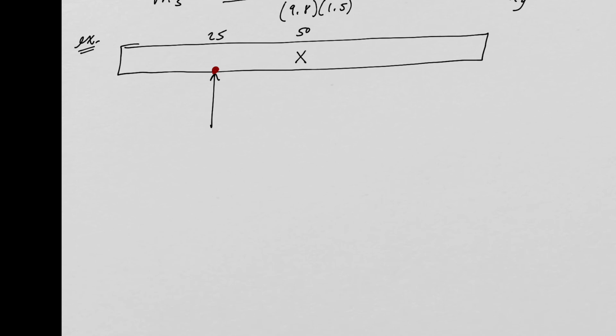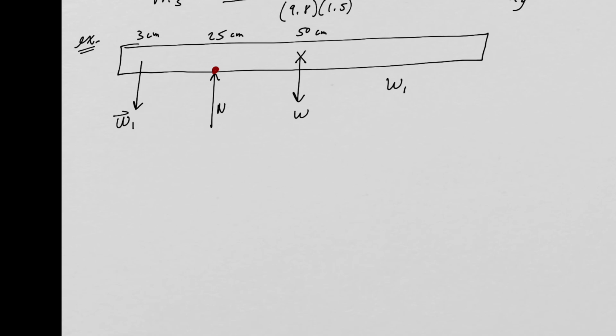So this is at 25, and let's say we have a weight acting at 3 centimeters. So this is like W1, right? This would be the normal force pushing up, and then we have the weight of the meter stick that acts at its center of mass, so that is like W. So let's say we're given W1, the magnitude of this weight.